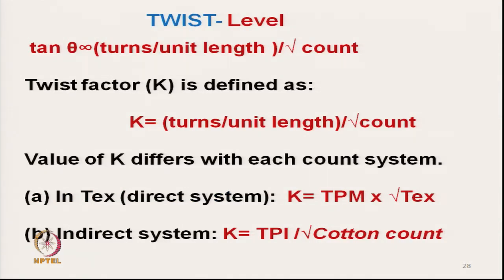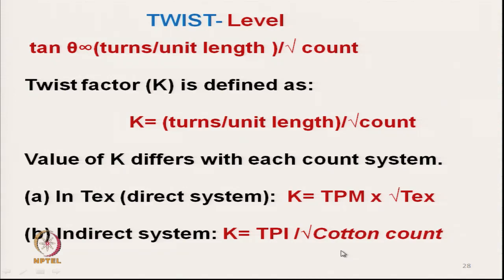What we have discussed till now is the indirect method. Indirect twist multiplier: we have mentioned K equal to TPI by cotton count.